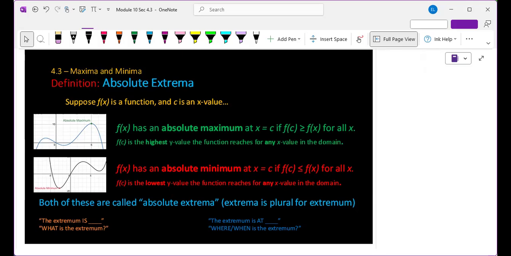So as long as f of c, which is a y value, is the biggest y value the function ever touches, then it's an absolute maximum. And then likewise, a minimum is the lowest point for all of the x in the domain. So together, those are called absolute extrema, because that's the plural of extremum.